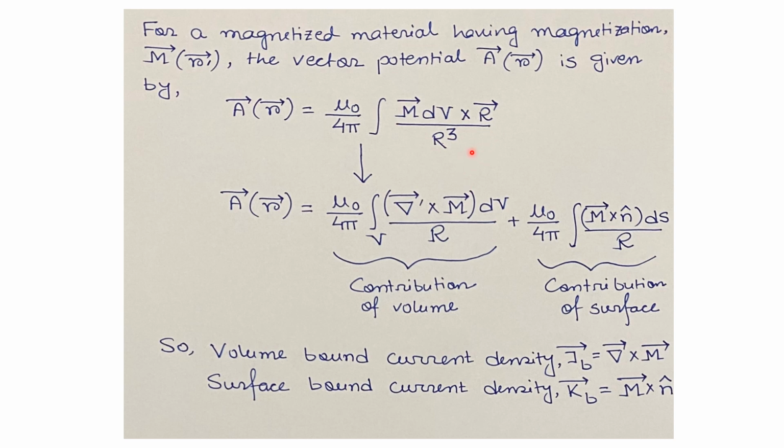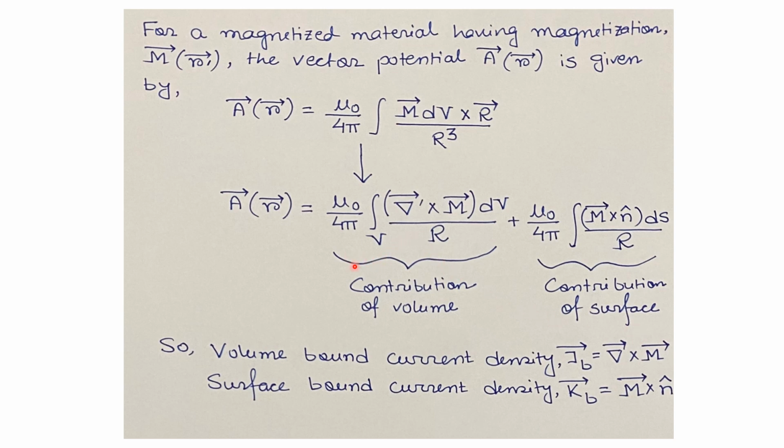Now, after some simplification with the help of vector algebra, we can show this A vector is basically a summation of two terms. The first term is due to the contribution from the volume of the system, that is the bulk of the system, but the second term is due to the contribution from the surface of the system.